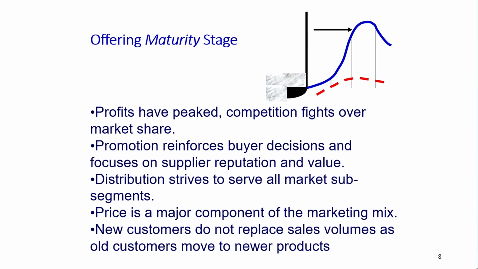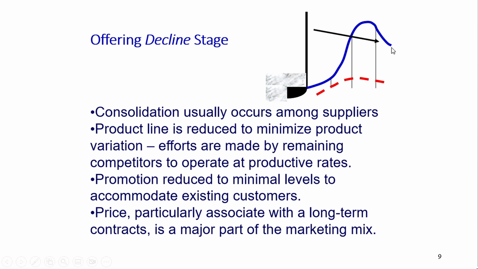New customers will not be replacing the sales volume, and the old customers may have a tendency to move to newer products at this stage, and all these are to be worked against. So, there will be a lot of defensive marketing necessary at this stage. You protect the base while you explore the new segments.